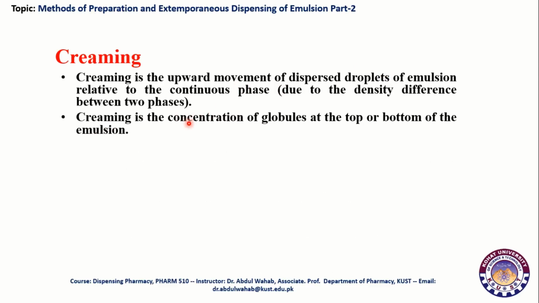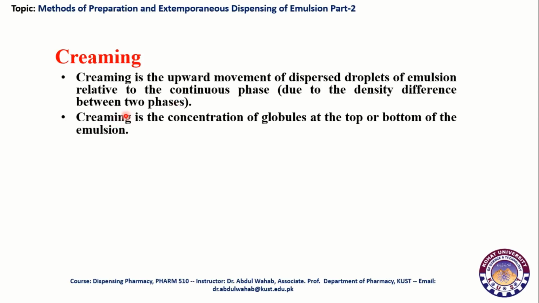Creaming is the concentration of globules at the top or bottom of the emulsion. If there is a difference in the density of two phases, there will be chances of creaming.